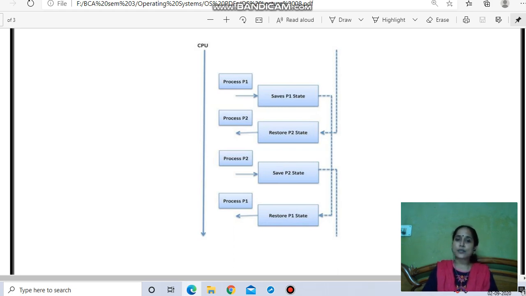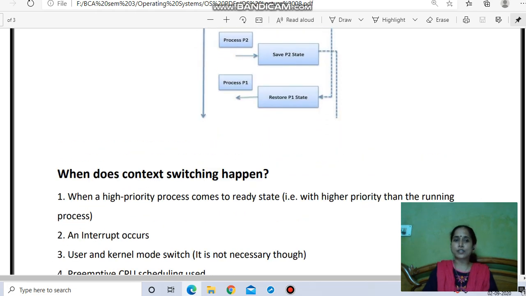Process 1 starts from the same state where it had left previously. So the P1 state which was saved, the next execution of process 1 will start from there. This is a clear diagram which explains what context switching is.